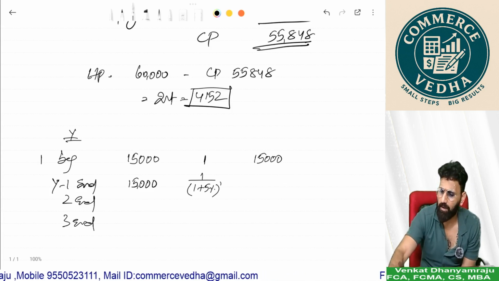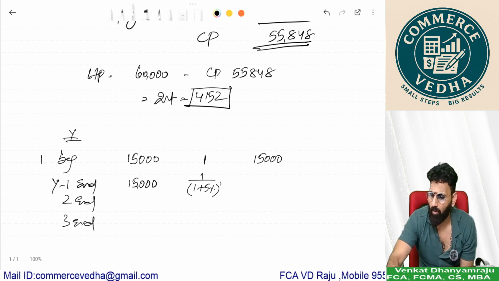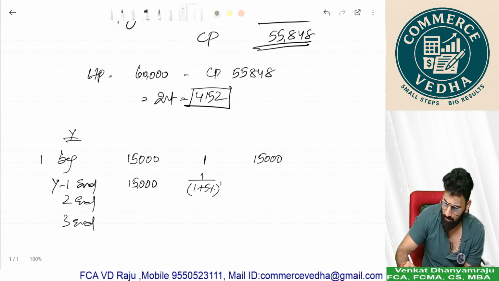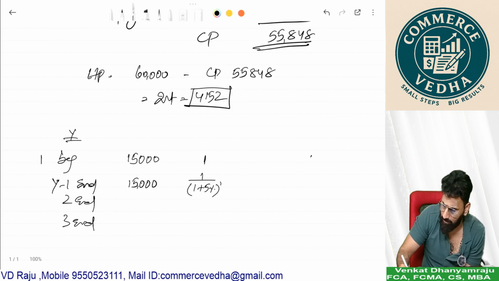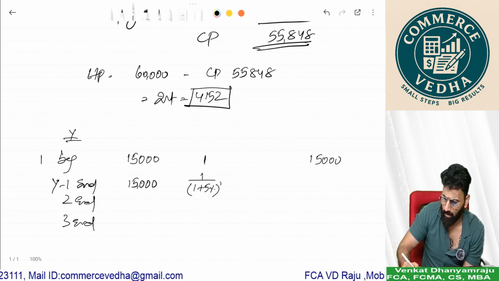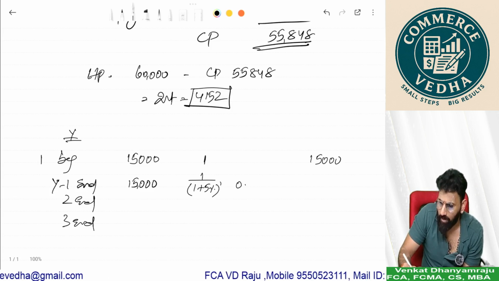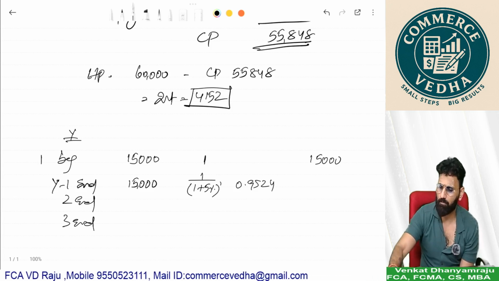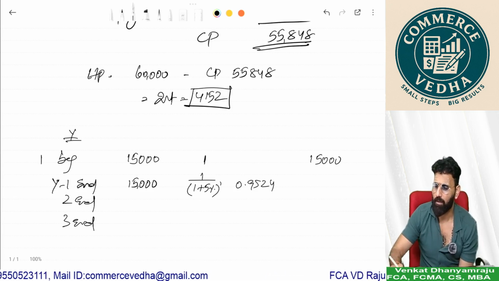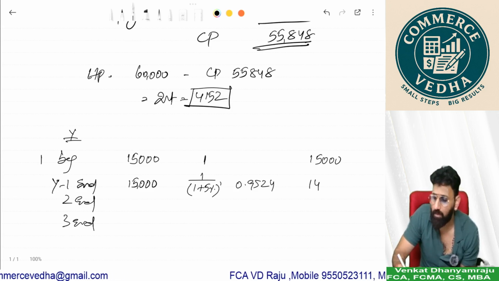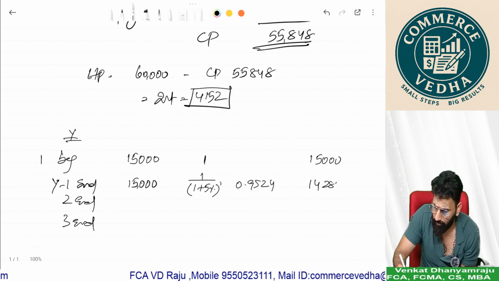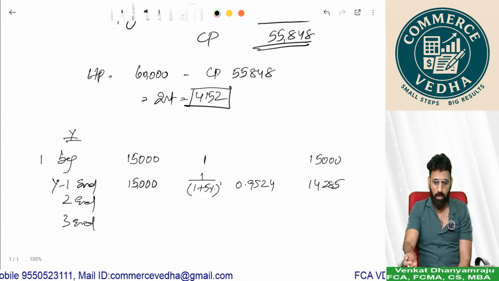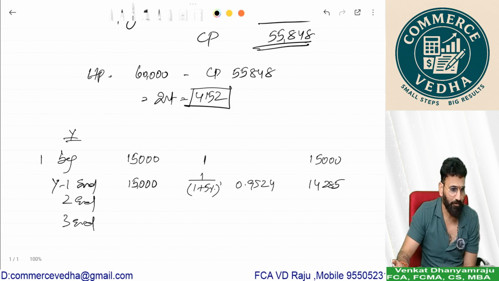That is nothing but 1 divided by 1.05, which is 0.9524, into 15,000. The value is 14,285. So the 15,000 discounted at 5%, present value today, is 14,285.